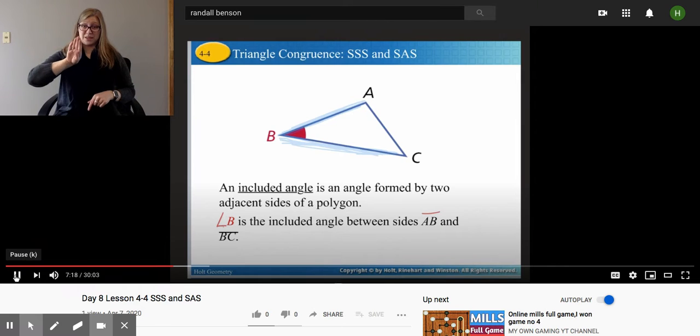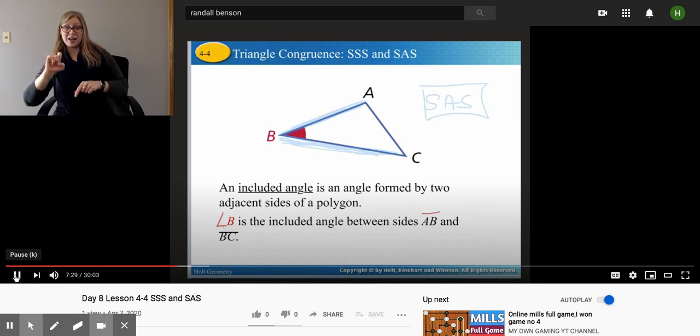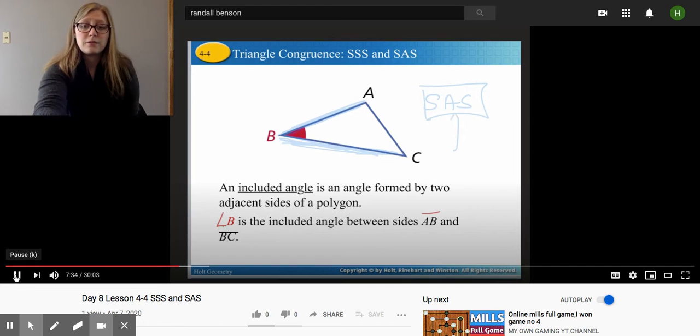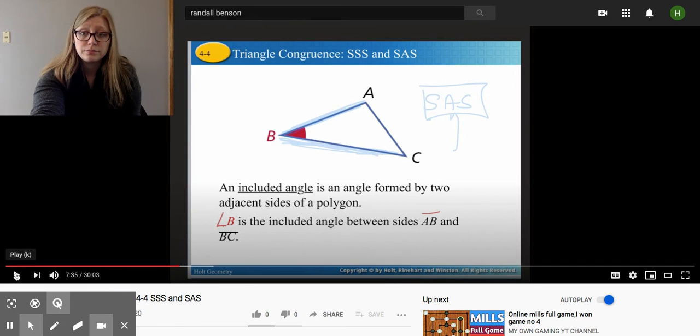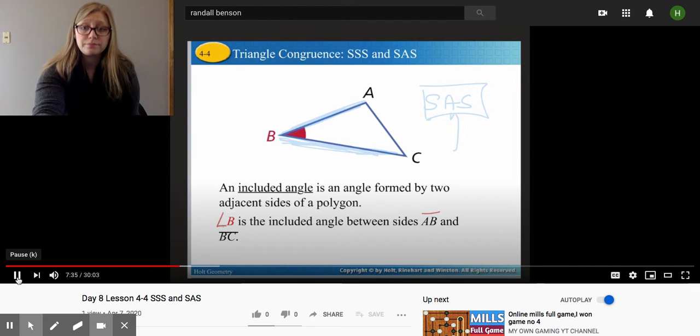And that will be important because the next theorem, postulate rather, we're going to talk about is called the side angle side theorem. So side angle side, you use two sides and one angle. But that angle can't be any angle. It's got to be the angle that's between.